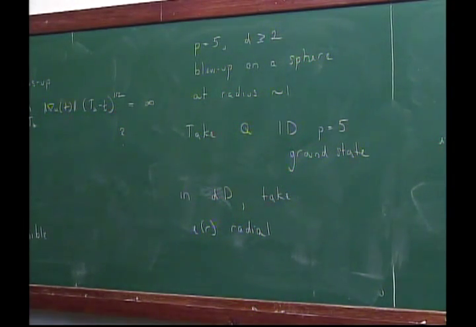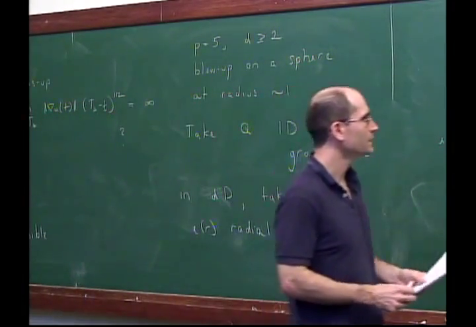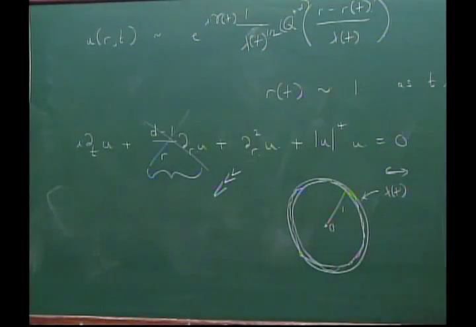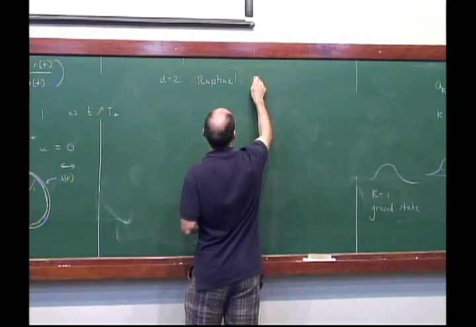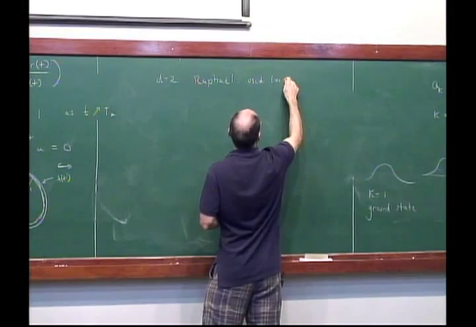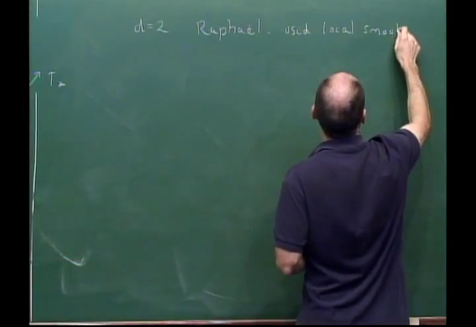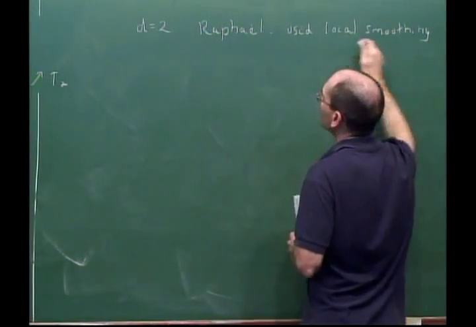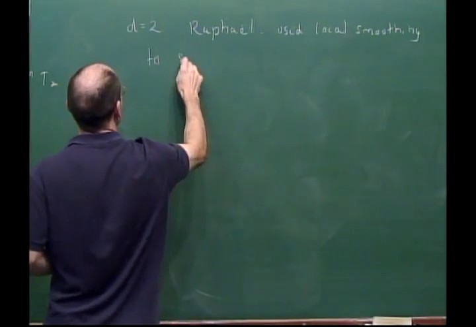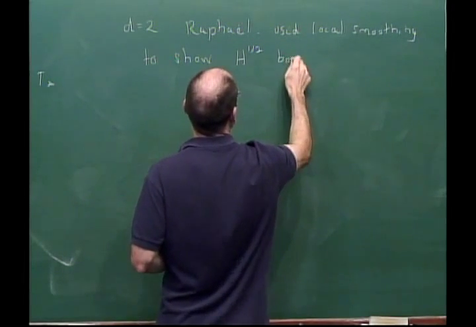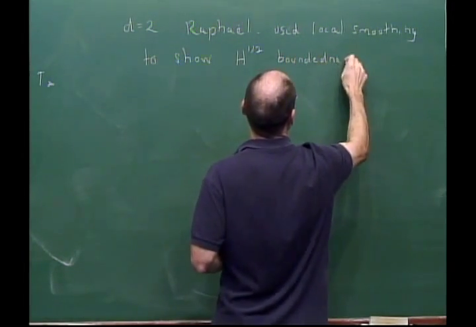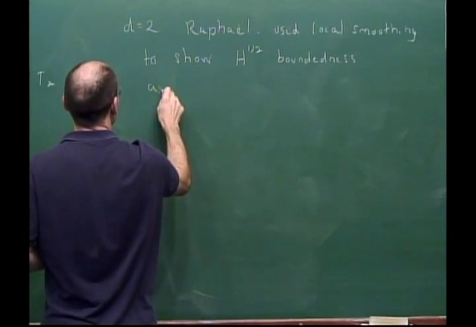And so in the case of d equals 2, Raphael used a local smoothing estimate to show H^{1/2} boundedness away from the blow-up point.